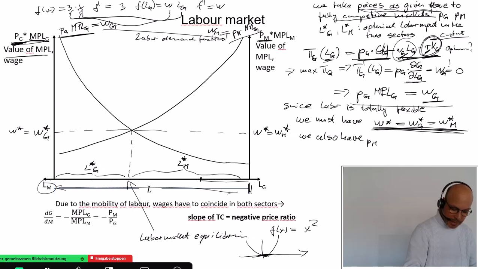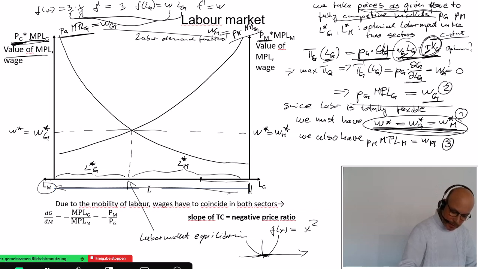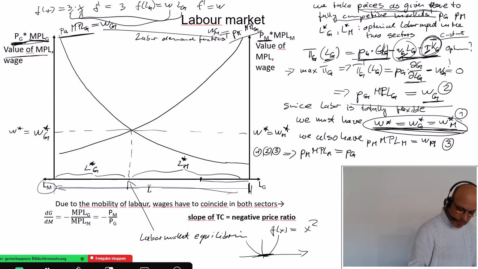So PM times marginal product of LM equals wages in the industrial sector. Taking 1, 2, and 3 together, what do we obtain? We have value of marginal product in the industrial sector equals value of marginal product in the agricultural sector.